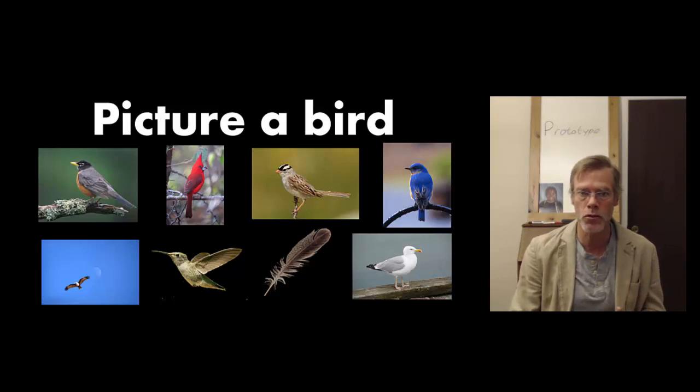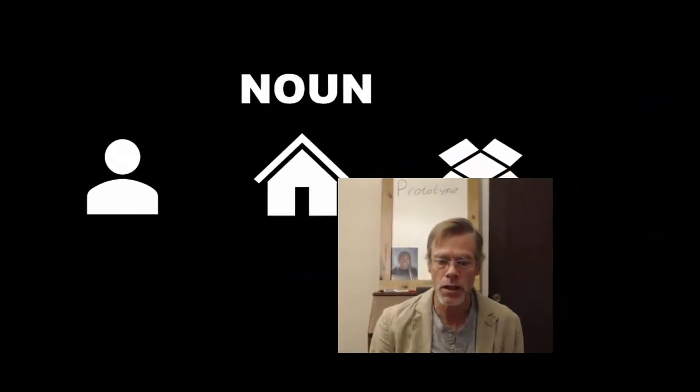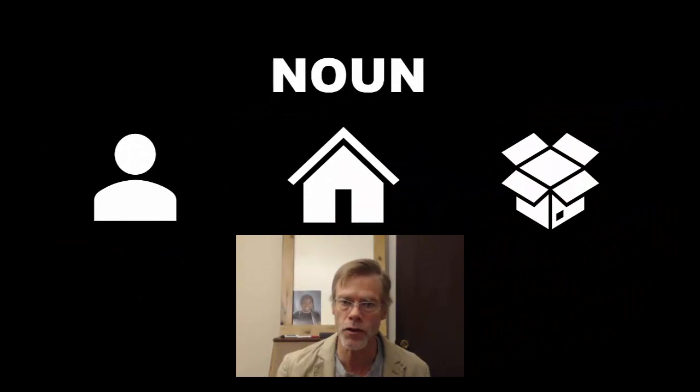Which brings me to parts of speech. As we talked about in another video, often people are taught that a noun is a person, place, or thing. And I also argue that this is a terrible definition if we actually want to capture the set of nouns.